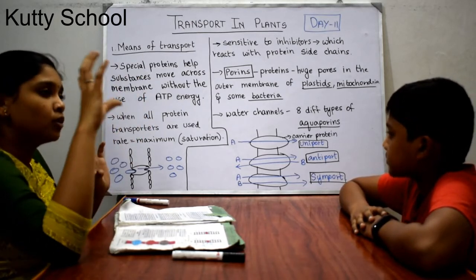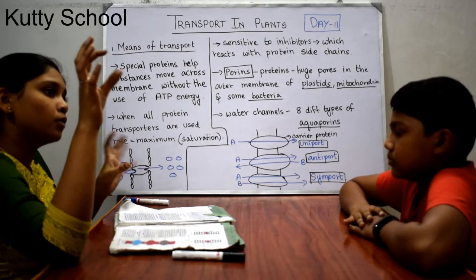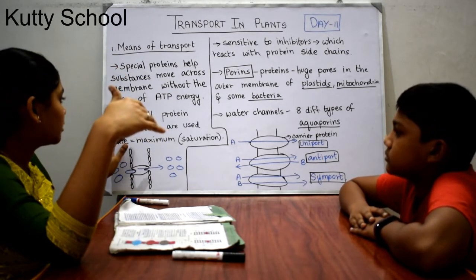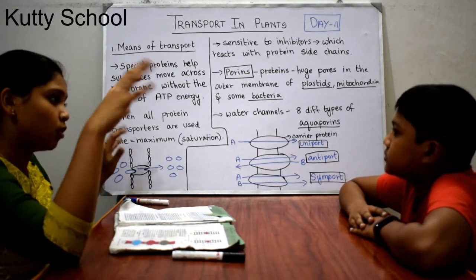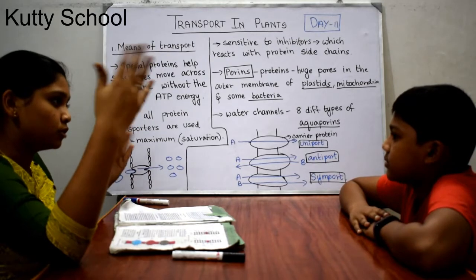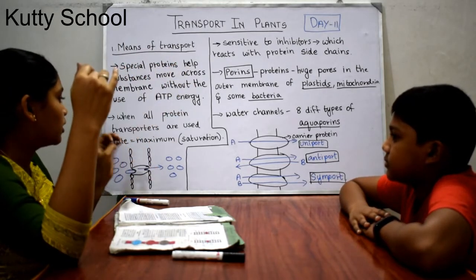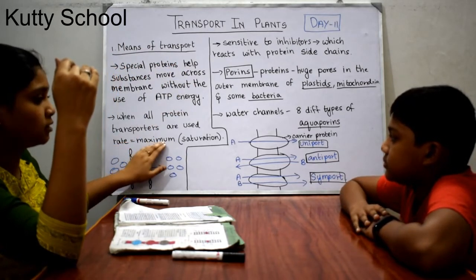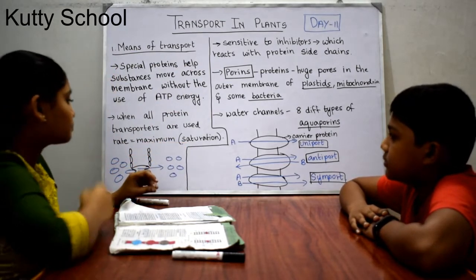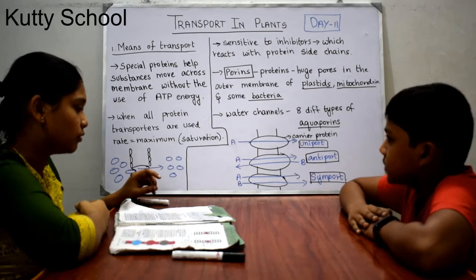When all the protein transporters are used in the movement of other molecules, the rate will be maximum. This point is known as the saturation point, because everything is being used.